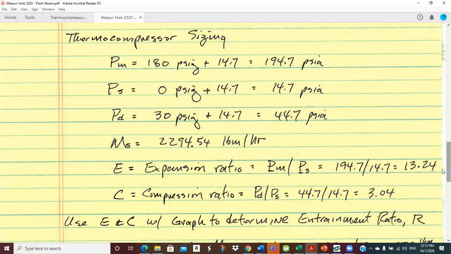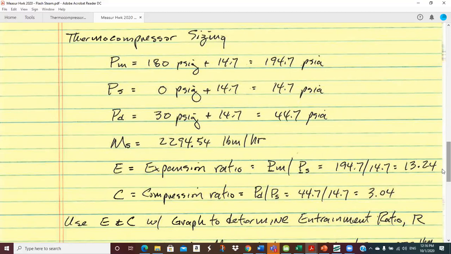And then you're supposed to calculate the expansion ratio, which is the motive pressure divided by the suction pressure. And this is a pretty good ratio. Now this one's on the chart. They've got one, I think, for 20 and one for 10, so we're kind of in between those two. Those are the sweeping curves. We'll look at them in a second.